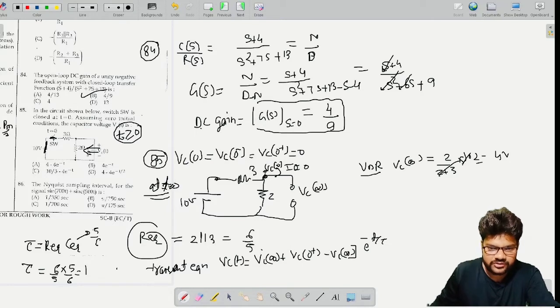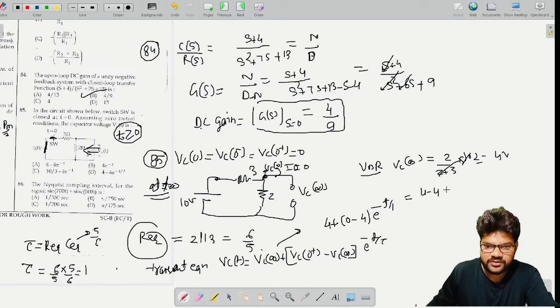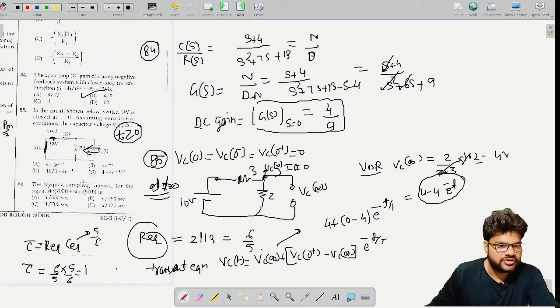Let's put all the values here. V_C(infinity) is 4, plus V_C(0) is 0 minus V_C(infinity) 4, times e to the power minus t by tau, with tau being 1. So you will get 4 minus 4 e to the power minus t. This is the capacitor voltage. So the correct option is A.